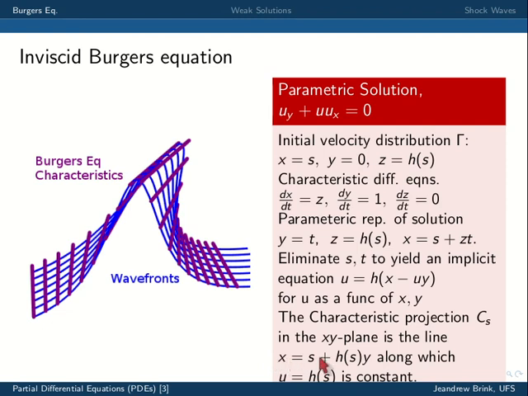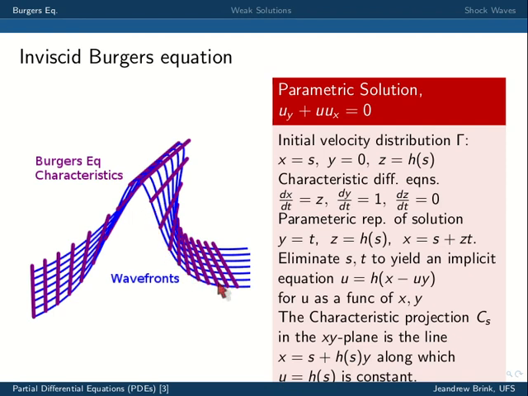So for each s, in other words each point along this curve, the characteristic projection to the xy plane is just a straight line, and the line's slope depends on h of s. So the line's slope depends on the initial condition. And along these lines, z also depends on which line you're on, u remains constant, and that's how we drew this picture.